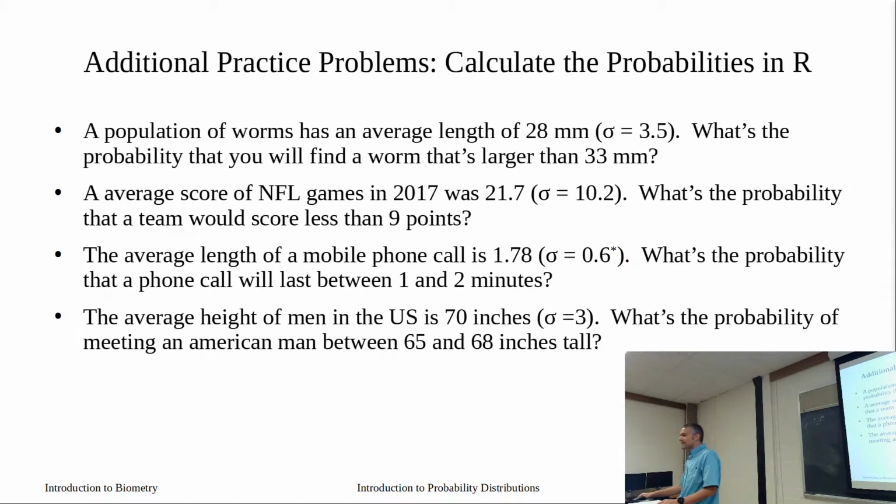All right, any questions? Yes? What happened to the cutoff value if it looks like less than or equal to? That's just the less than. That's why I said it doesn't matter with our continuous distributions. Because if you include that one point, you're adding an infinitesimally small value, and it becomes negligible.